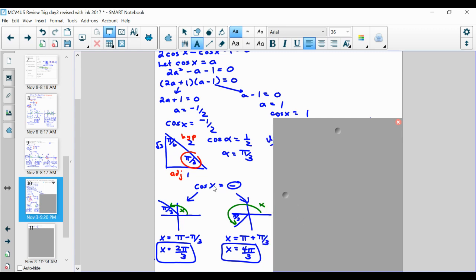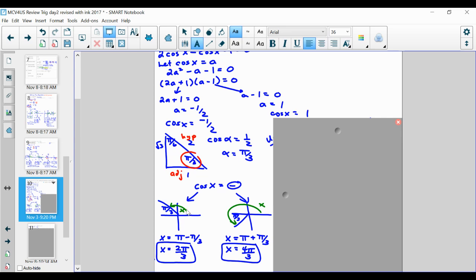So I need this reference angle, and I need to know that cosine is negative, so I can put my terminal arms in either the second quadrant or the third quadrant. Remember, all soup turns cold. So all ratios are positive here. Cosine's positive here, which means cosine is negative in quadrant 2 and quadrant 3. I place those reference angles between the terminal arm and the x-axis in both cases.